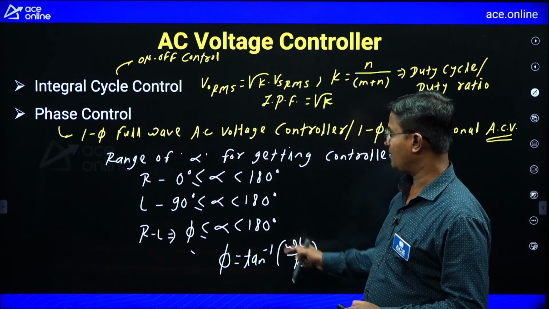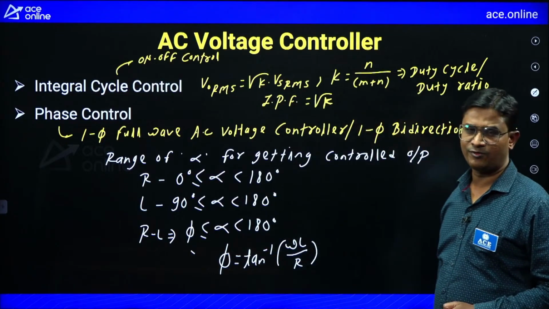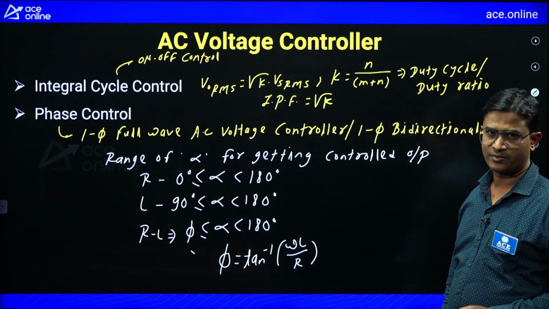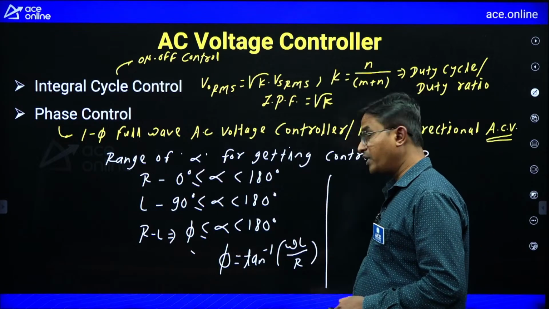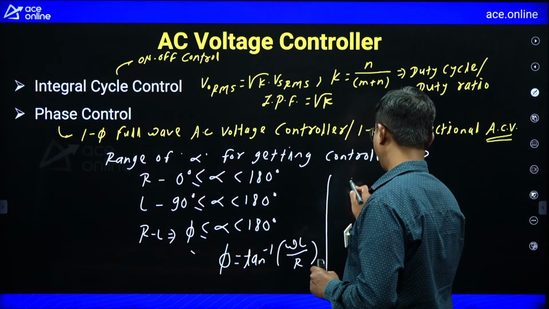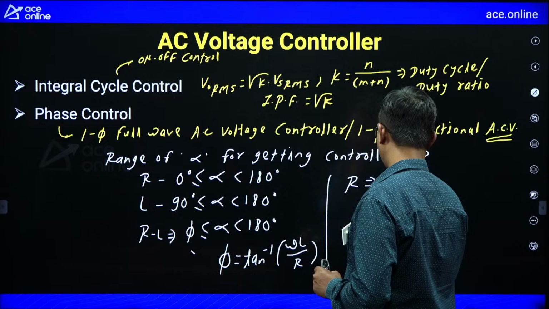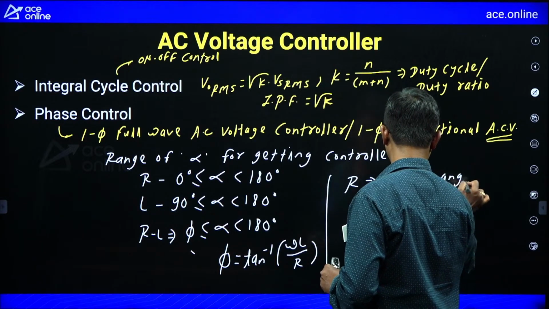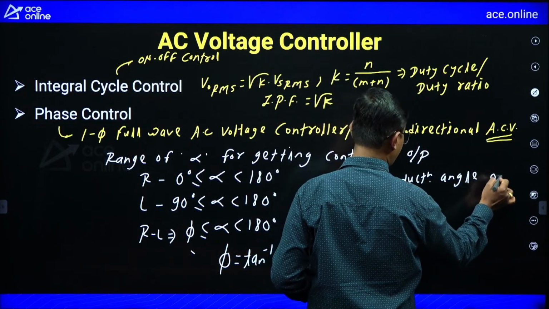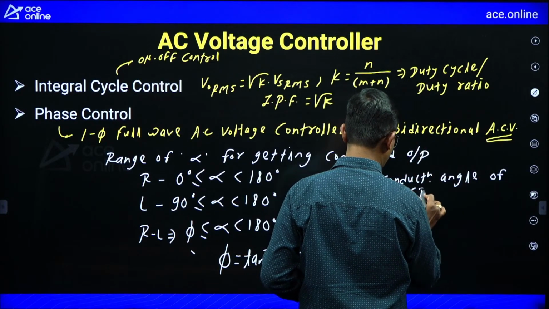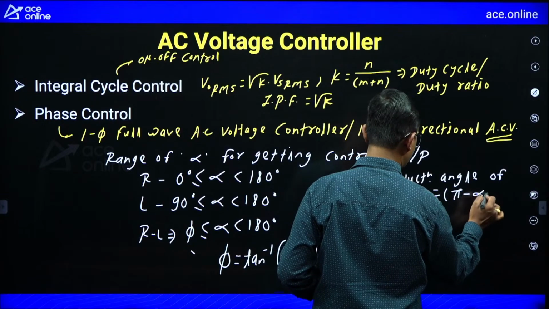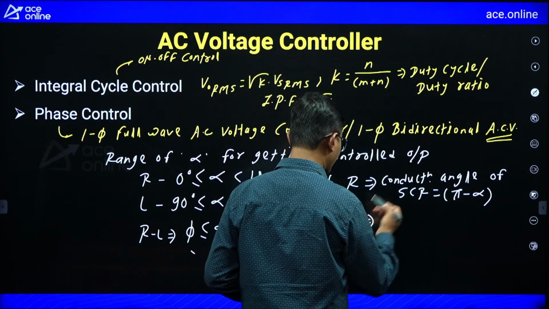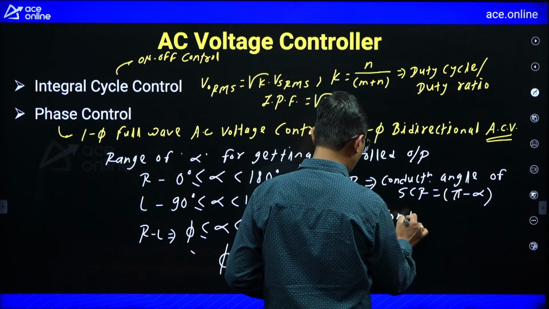So these are the important bits from the single phase full wave AC voltage controller. Next, if the load is resistive, then the conduction angle of SCR is equal to pi minus alpha. If the load is purely inductive, then it is 2 into pi minus alpha.